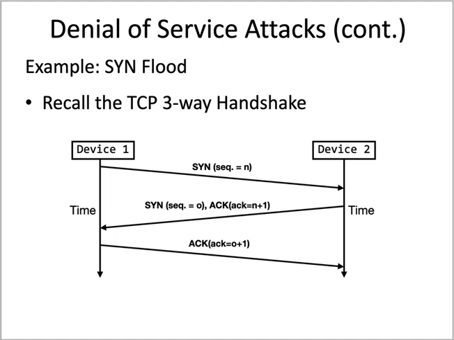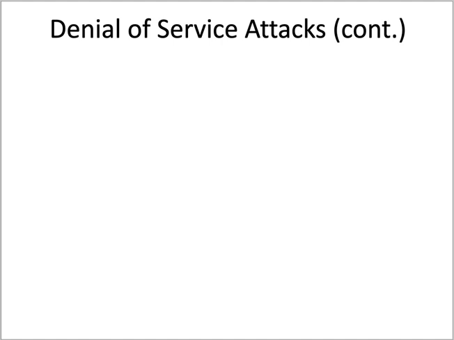Then when device 1 gets that, if it's happy, it sends back an acknowledgement. It takes whatever the SYN sequence was from device 2 and adds 1 to it, so that device 2 knows which packet you're acking. So that is the three-way handshake.